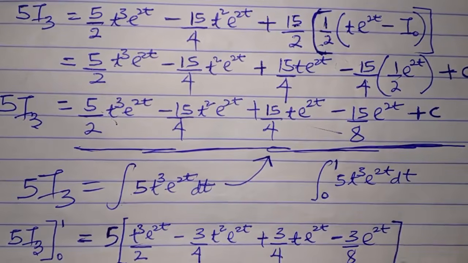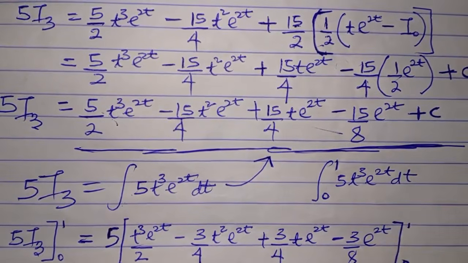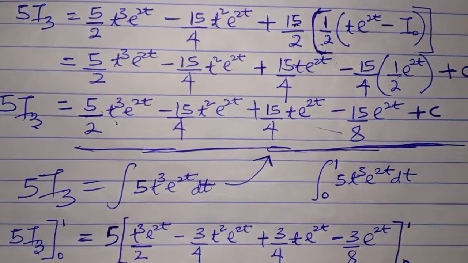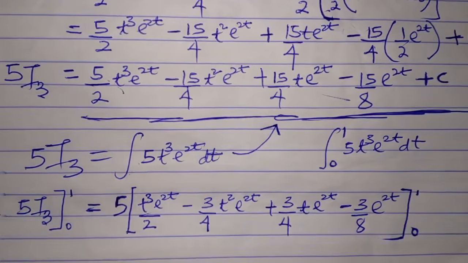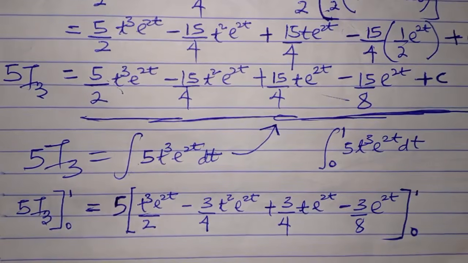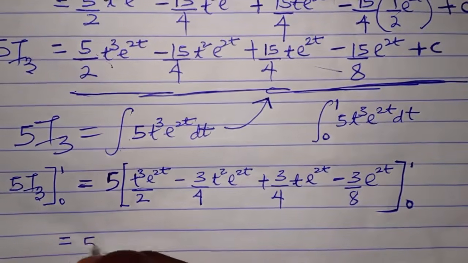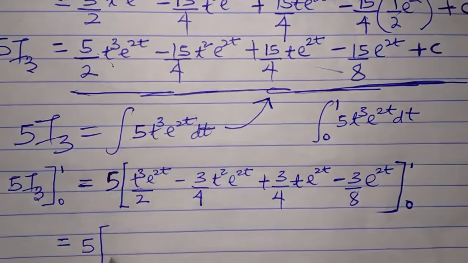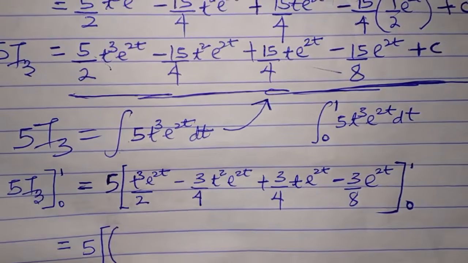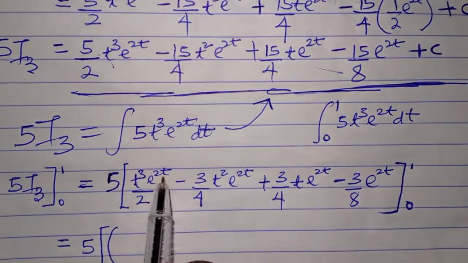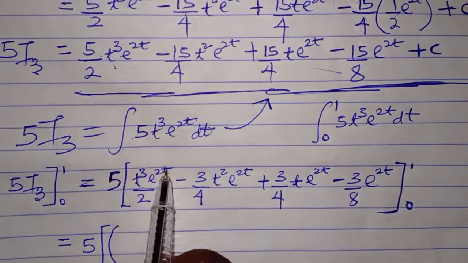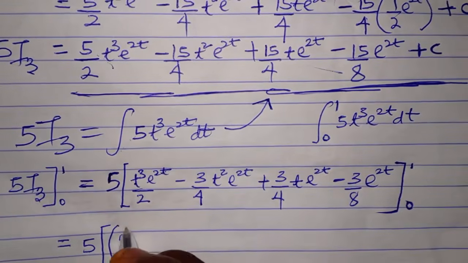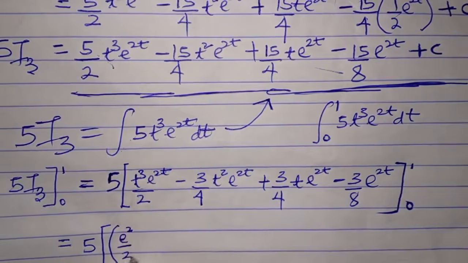So we are taking the integral from 0 to 1. Let's plug in the upper and the lower limits. We plug in 1 first for t. If I plug in 1 for t, this will be 1. 2 times 1 is 2, so this will be e squared all over 2.